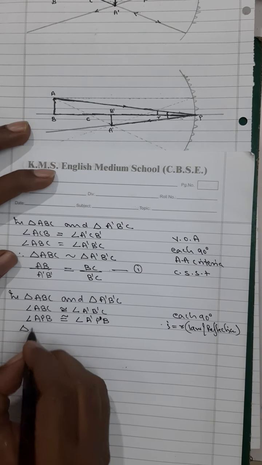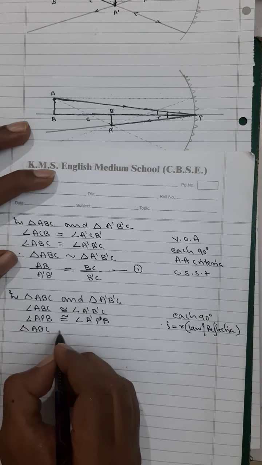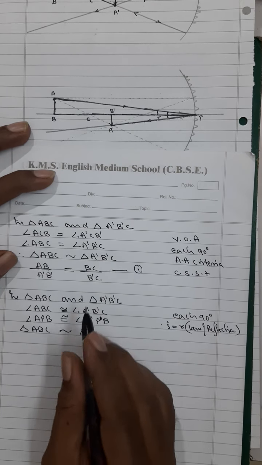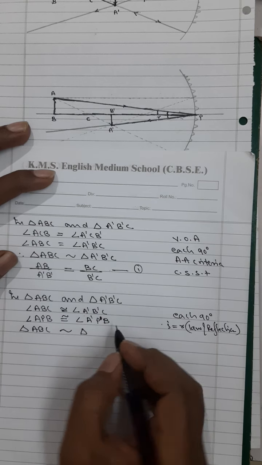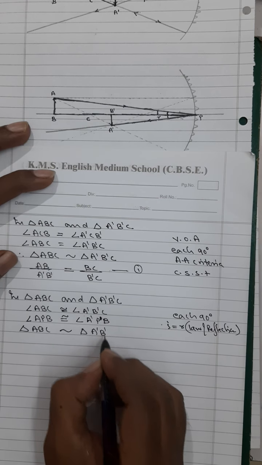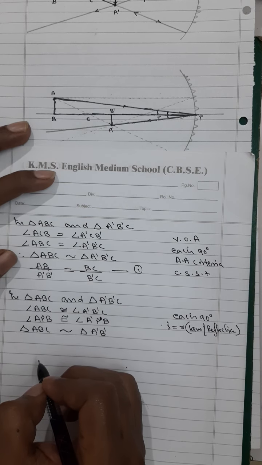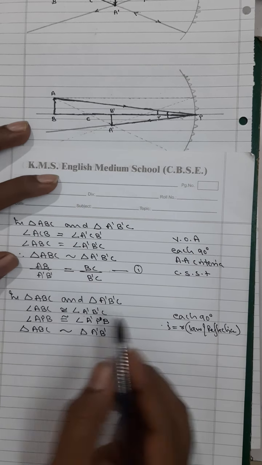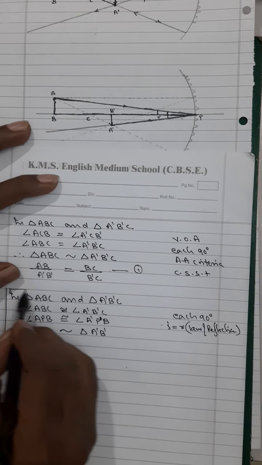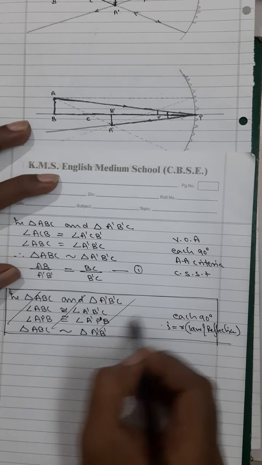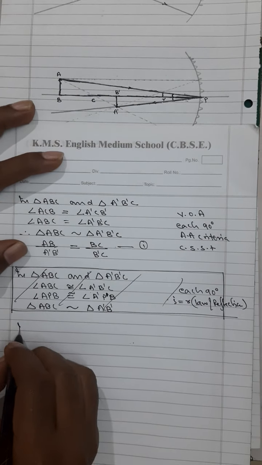So you will get triangle ABC is similar to triangle A dash B dash... What did I do? I'm very sorry, my dear students. ABP it is.